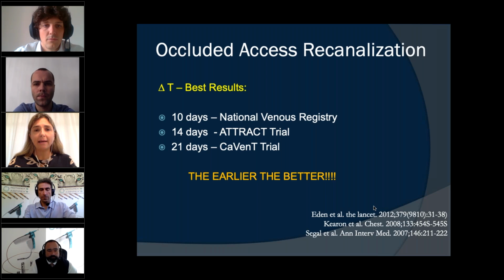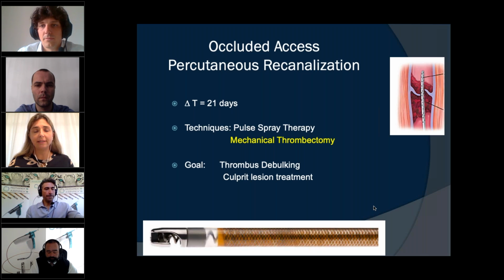When thinking about the time of occlusion, considering all the literature on peripheral venous interventions, we have deadlines of 10 days, 14 days, and 21 days at last for the recommended time of treatment. Of course, the earlier the treatment, the better the results we can get. We consider 21 days the deadline when treating occluded grafts or native fistulas, and we can use either pulse spray therapy or the mechanical thrombectomy technique.